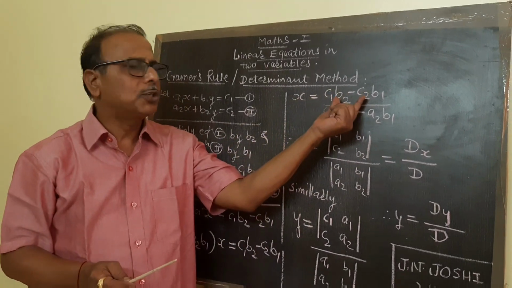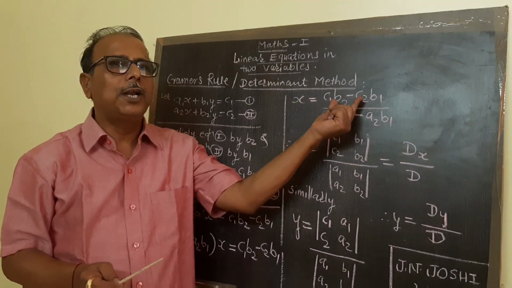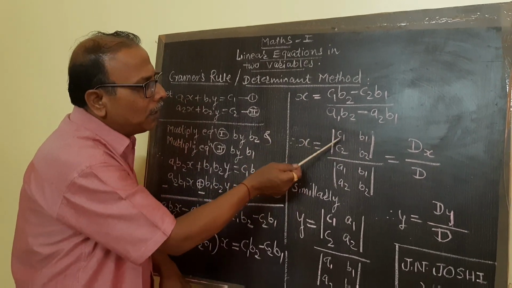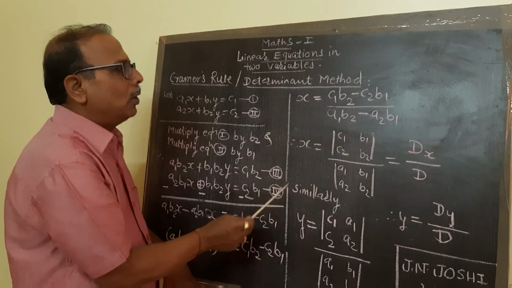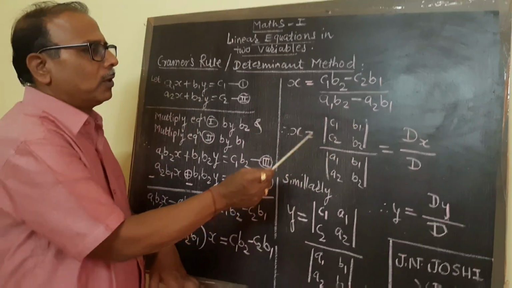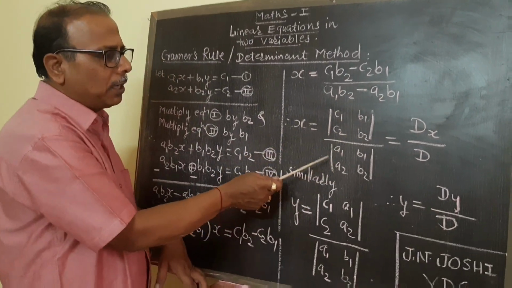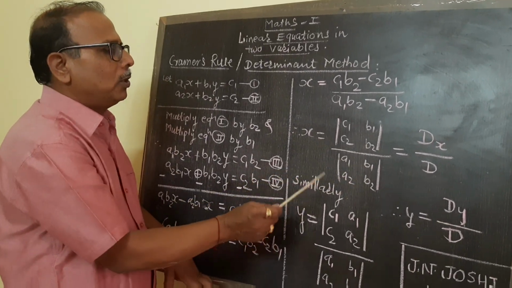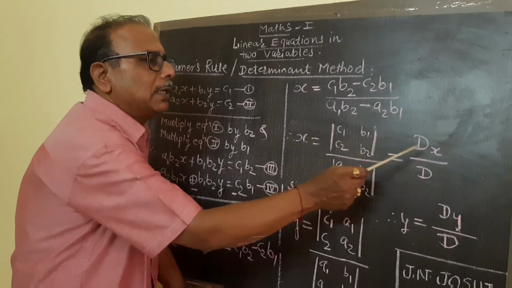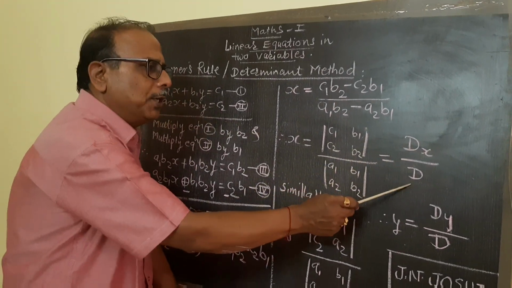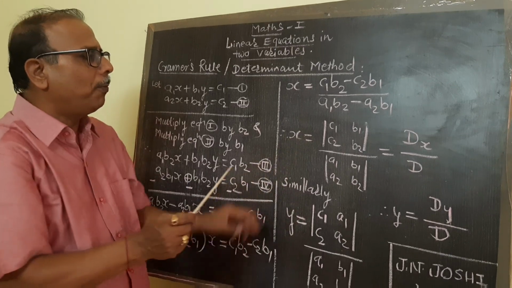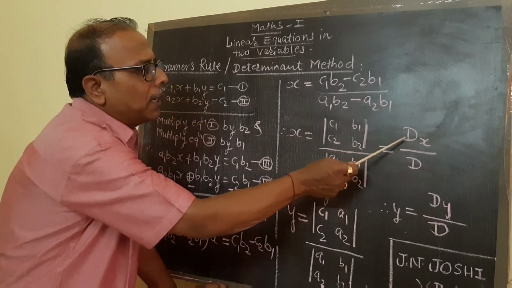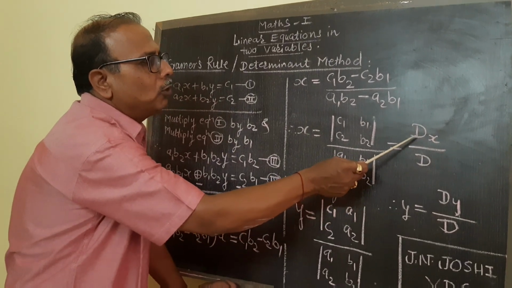Now the numerator represents a determinant, which can be written with rows c1 b1 and c2 b2, and the denominator also represents a determinant, which can be written with rows a1 b1 and a2 b2. We denote the first determinant as dx and the second as d. So we get the value of x as the ratio of dx and d.